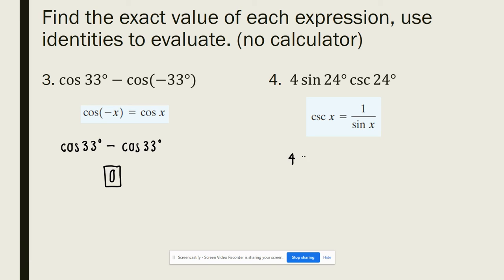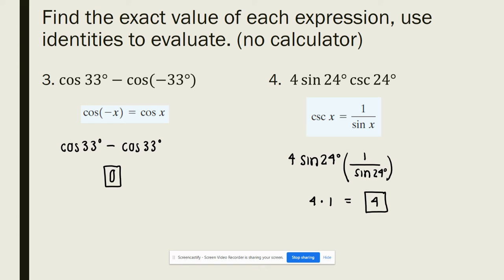So we'll have 4 times the sine of 24 degrees times now essentially 1 over the sine of 24 degrees. And because all of this is multiplication and we are multiplying reciprocals, well, 4 then essentially is just being multiplied by the number 1, and 4 times 1 is going to give us 4. And that would be my answer.